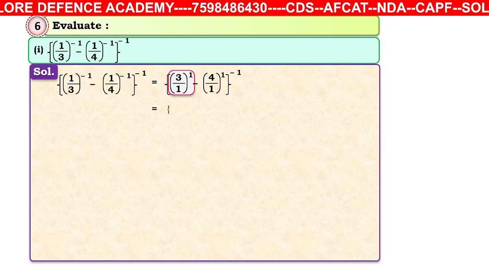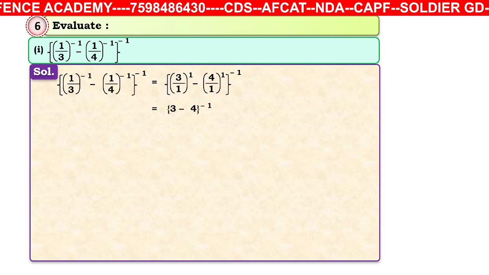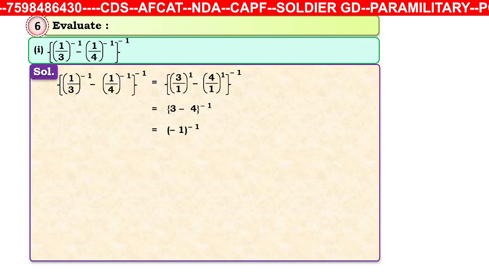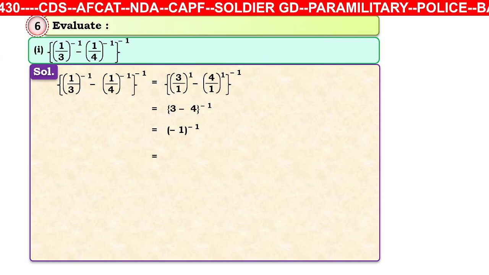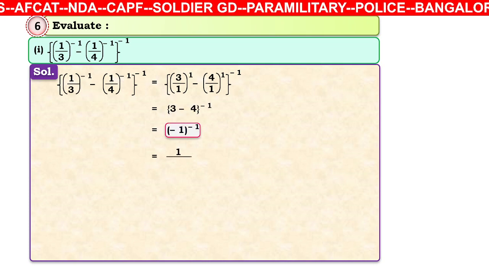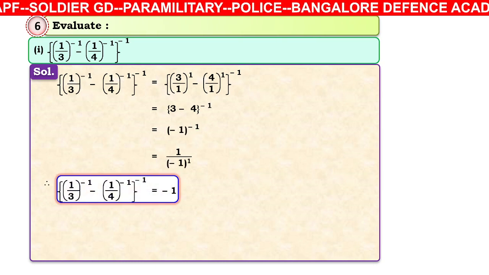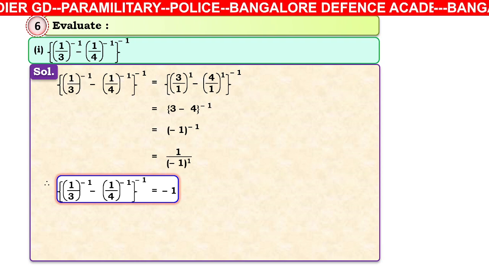So now you get 3 minus 4 to the power of minus 1. So you get minus 1 to the power of minus 1. This can also be written as 1 divided by minus 1, so the answer is minus 1. So this is the answer. Minus 1 is the answer.